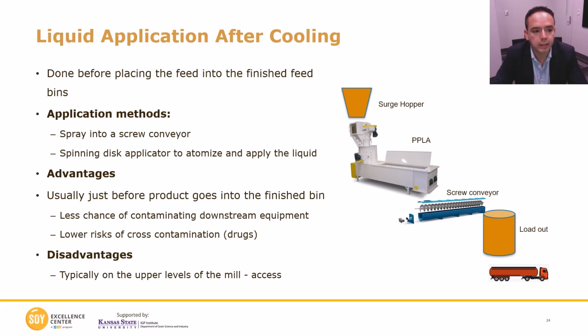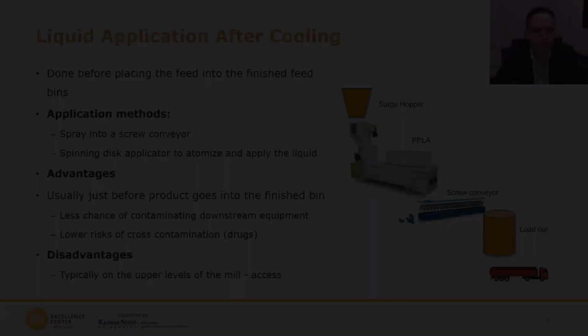So there is going to be less chance of contamination, and also a lower risk of cross-contamination if you are applying drugs. Some of the disadvantages of these systems is that typically these systems are on the top of the feed mill, so access can be a concern.